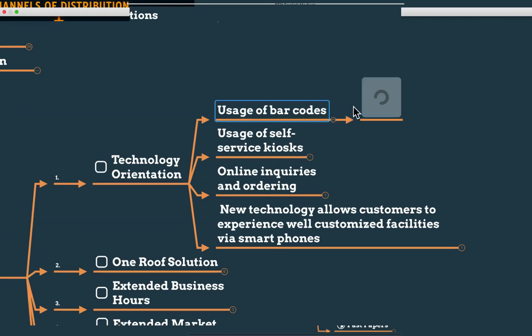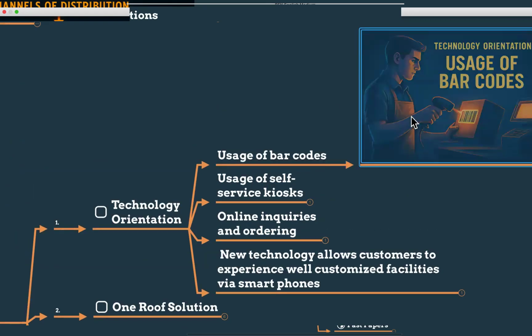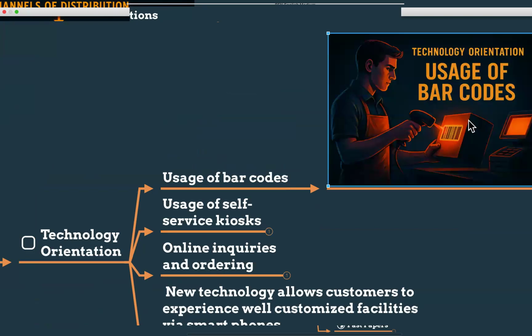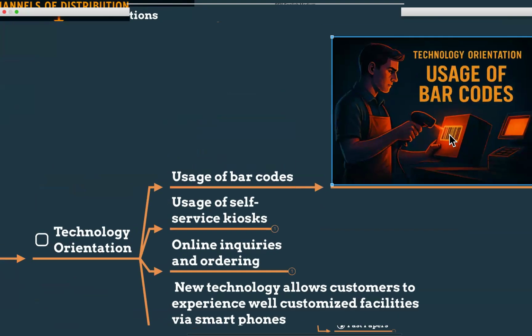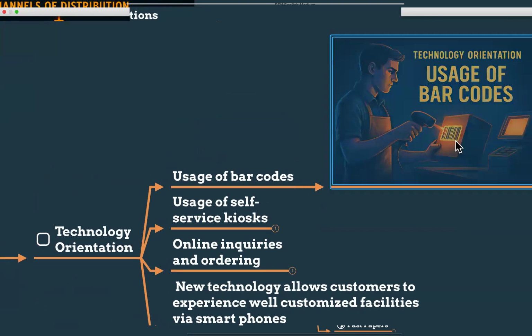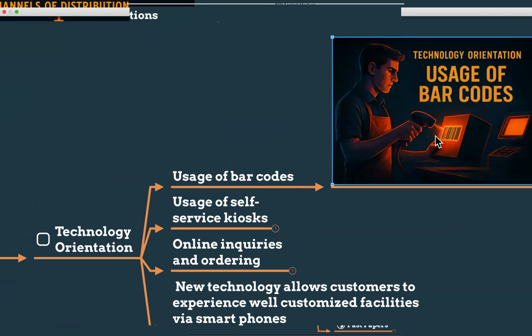The usage of barcodes: every product has a unique barcode. If you go to Food City or Cargills Food City, they will scan each and every product. Even a single apple you are buying, they will put a barcode with a price, right? So with barcodes, every product has a unique code, and it gives instant pricing and inventory management, with no need for manual price checking.